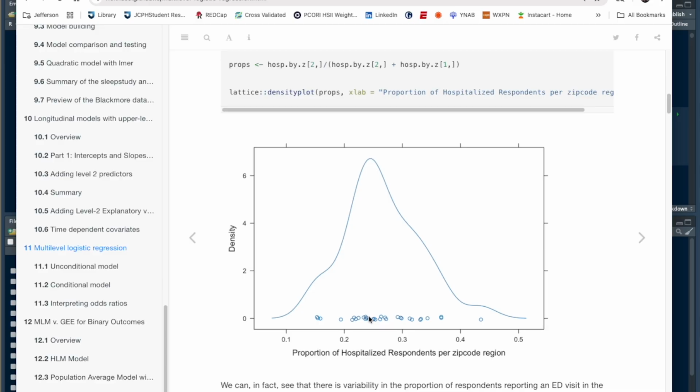That's a pure hierarchical model right there: there is a probability distribution over the zip codes in terms of the proportion of people, or the probability of utilizing ED. And then within each zip code, people will also differ. And that's how it's been done so far.